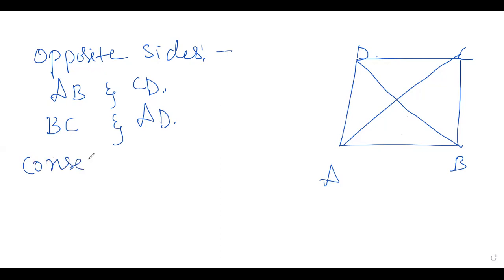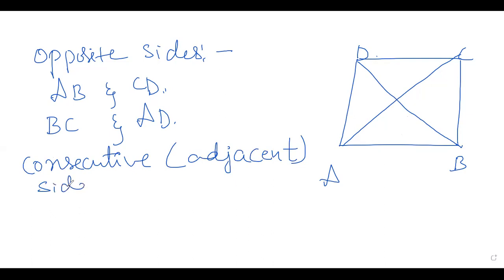Next one is consecutive, also called adjacent sides. Okay, children, which are consecutive sides? For example, take AB and BC. For AB, A and B are the 2 points, right? Then take BC.